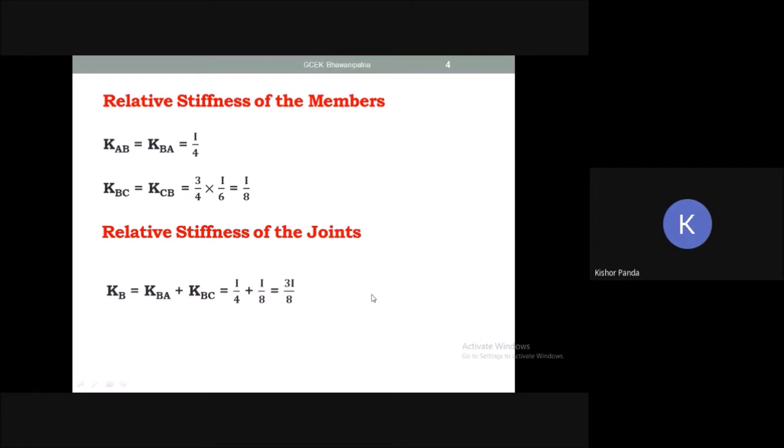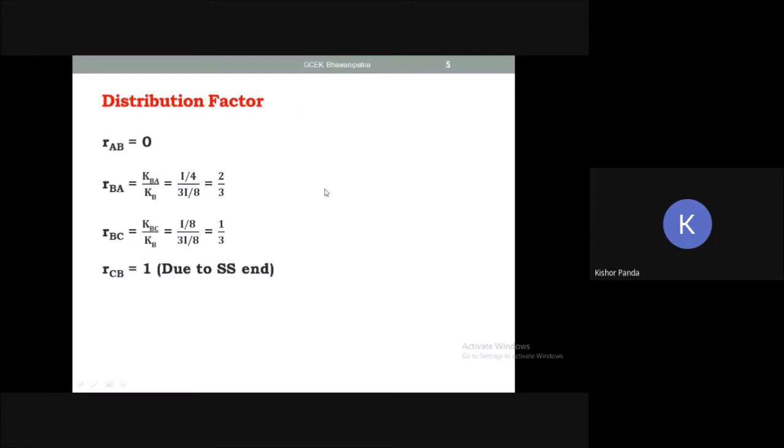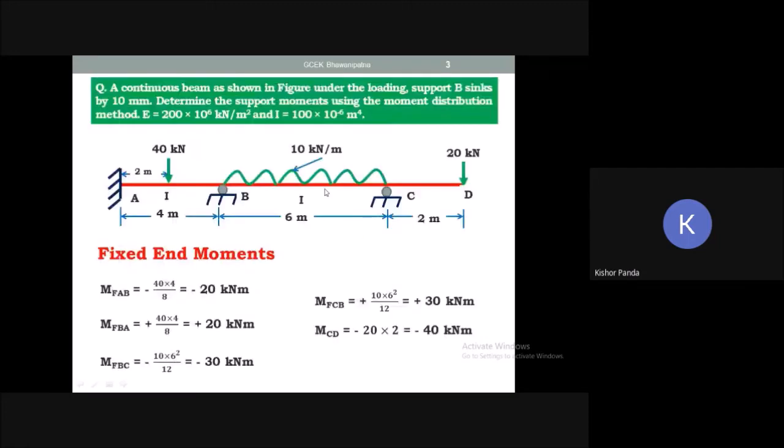Then find out the distribution factor. Here you see when the end of the continuous beam is fixed, what is the distribution factor here? Here the distribution factor is equal to 0. RAB is equal to 0. Then find out RBA, then RBC, then RCB.